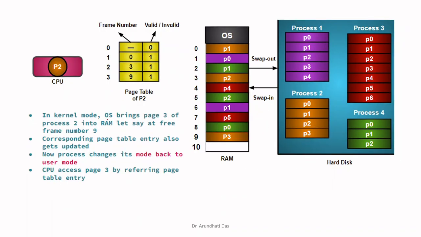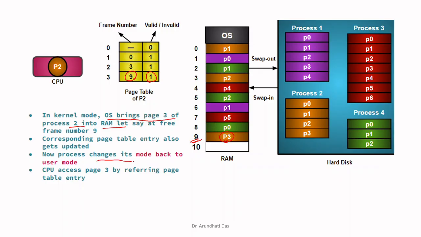So in kernel mode, the OS brings page 3 of process 2 into the RAM, and suppose it brings that page 3 into frame number 9. Immediately I will write frame number 9 in the page table, and also change the valid-invalid bit to 1, and the CPU's requirement is done.